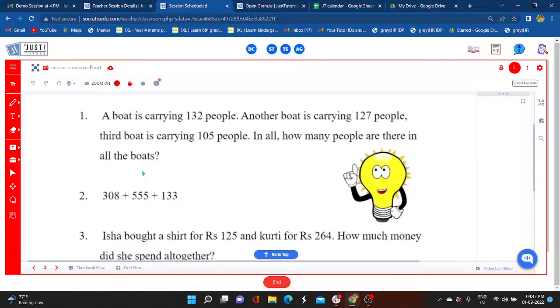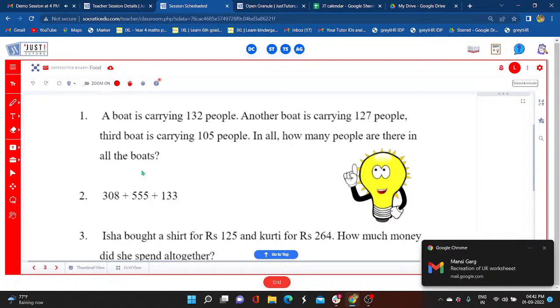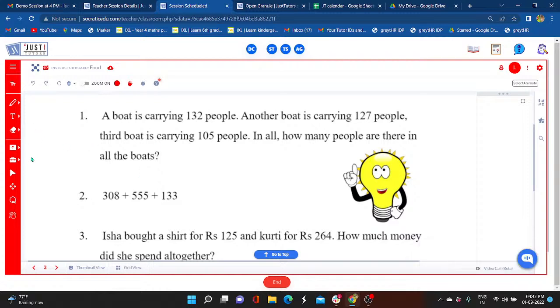Okay, so we have to try this question. So let's give this a try. I would tell you the statements orally. You can try noting them down. First statement: number of people carried by the first boat is equal to 132.